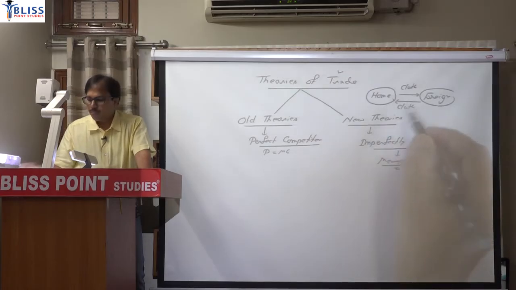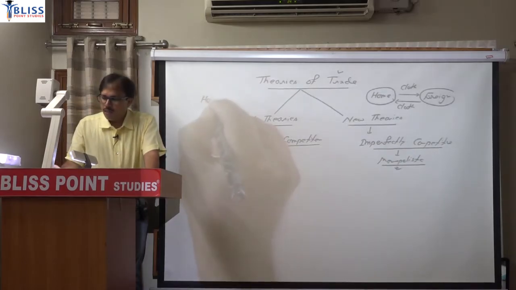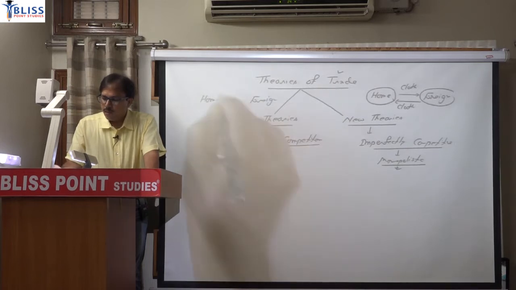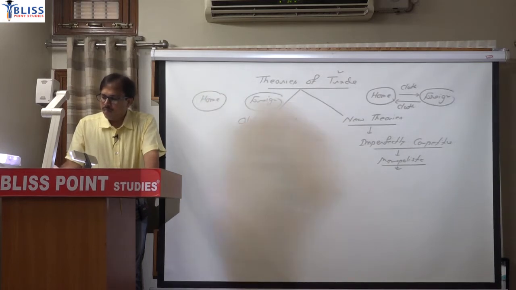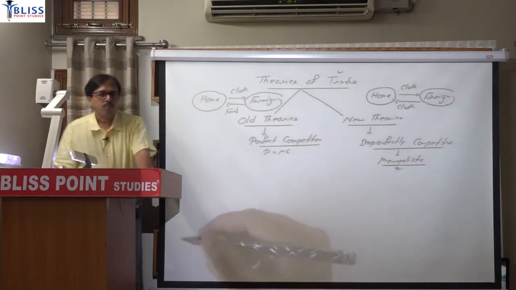But if I say that market is competitive, then when we talk about trade between home country and foreign country, if home country is exporting cloth, then in exchange home country may be importing some other product, let us say food.